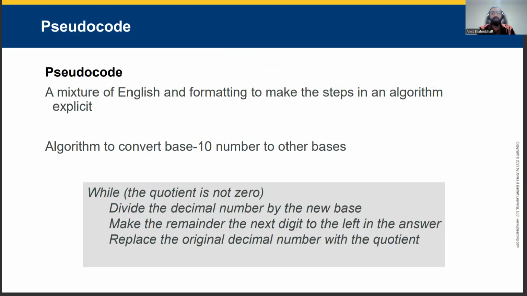In this slide, we examine a pseudocode algorithm for converting a base 10 number into another base. The steps rely on repeated division, tracking the remainder at each step, and assembling the digits from right to left.